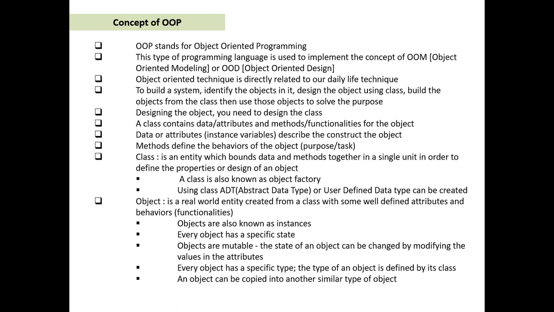That means the basic entity there was a function, like C. If you know the C programming language, there we basically write some functions, call the functions, and write another function and call that function to serve the purpose.